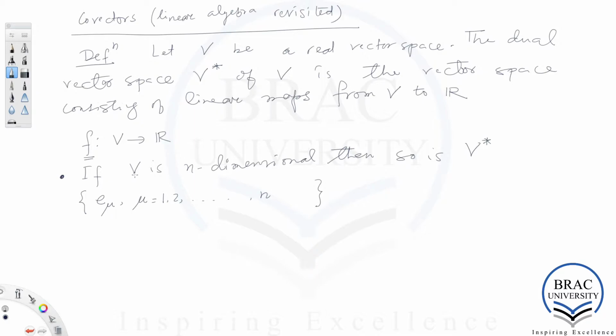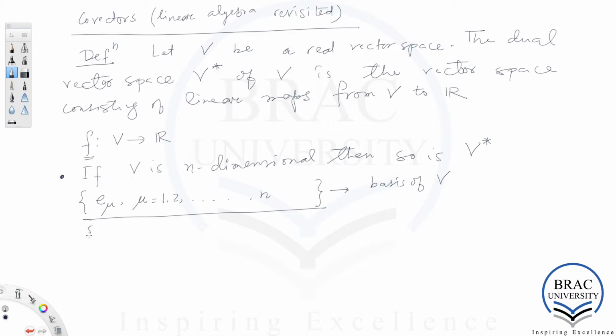Then, since V is a finite dimensional vector space, we denote the set of basis elements of V by this set. This is a basis of V. This is a set consisting of n linearly independent vectors of V that span the vector space V.